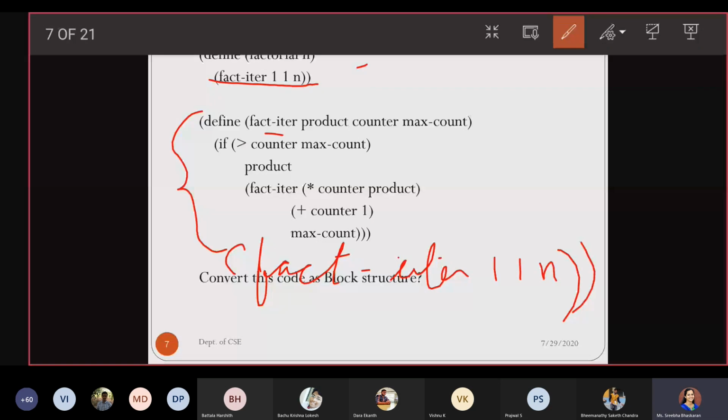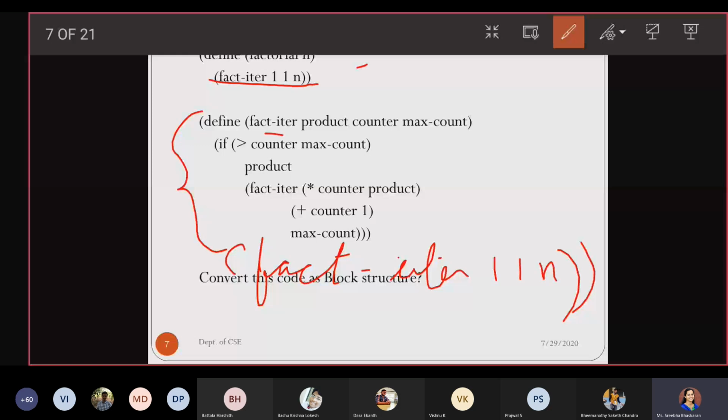That means you are making your fact ITR procedure dedicated only to this factorial procedure. No one else can access this fact ITR from outside. So this is what we call the block structure. You are making it a block.